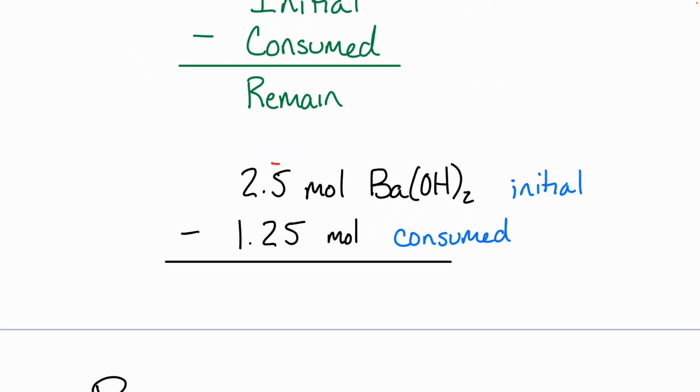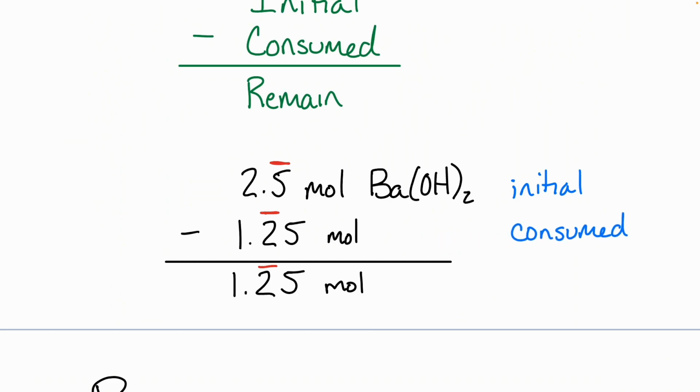All right, it just so happens that my sig figs here line up well. In this case, I know based on the position of these two numbers that I'm going to be rounding to the tenth place. And so this tells me how many moles of my barium hydroxide remain at the end of this reaction.